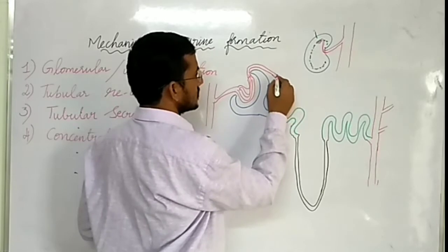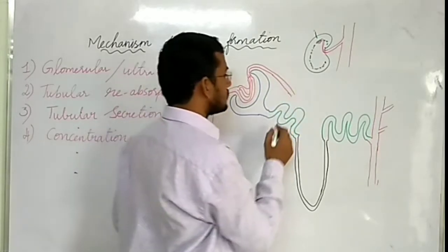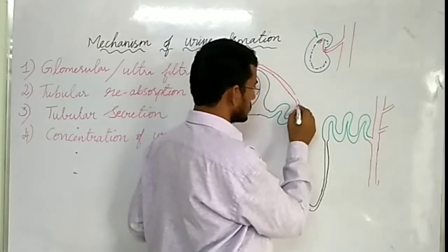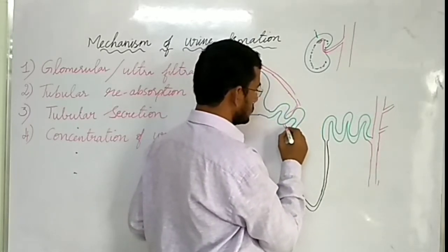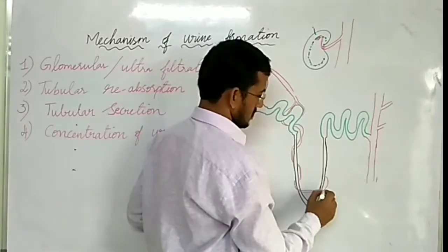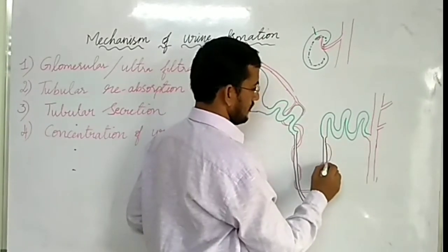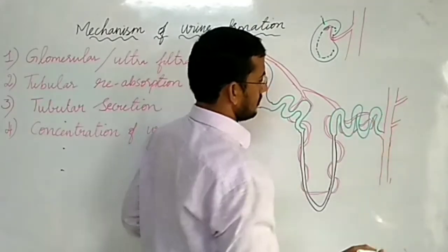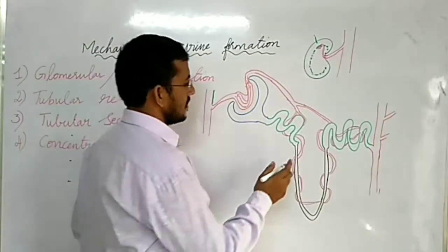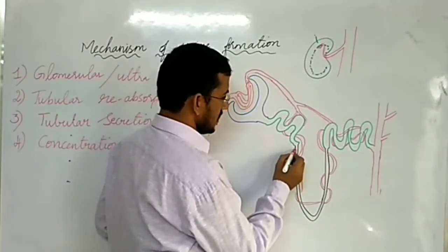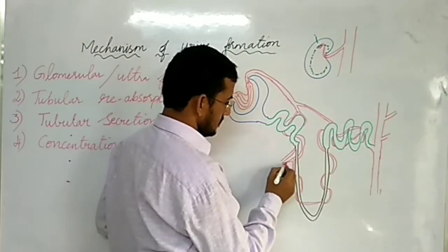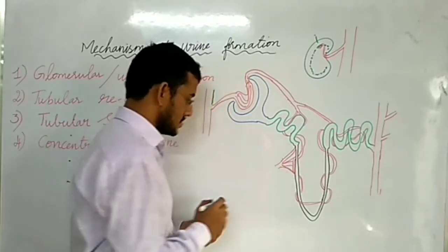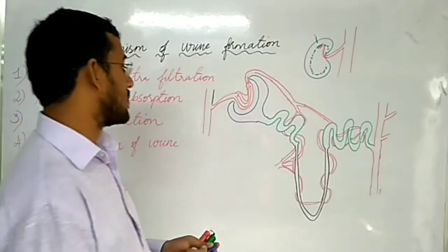This efferent arteriole gives many branches, and these peritubular capillaries come together to give venules.